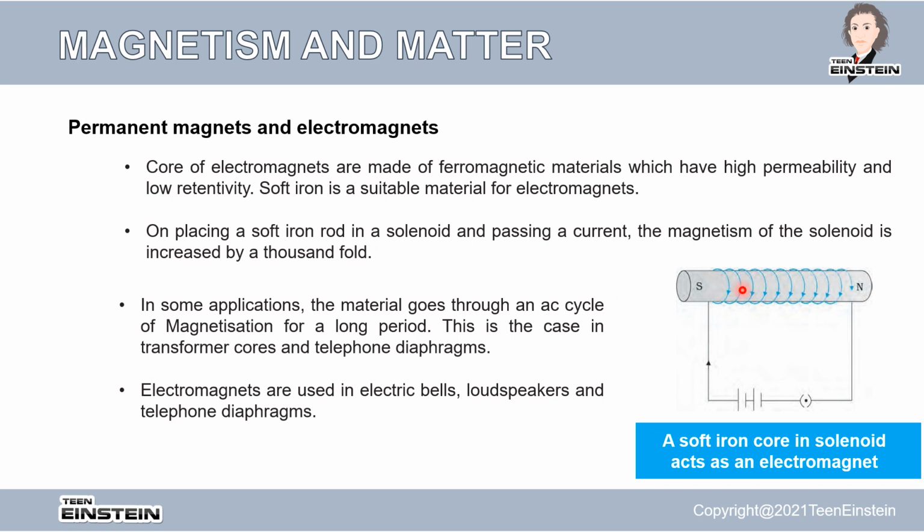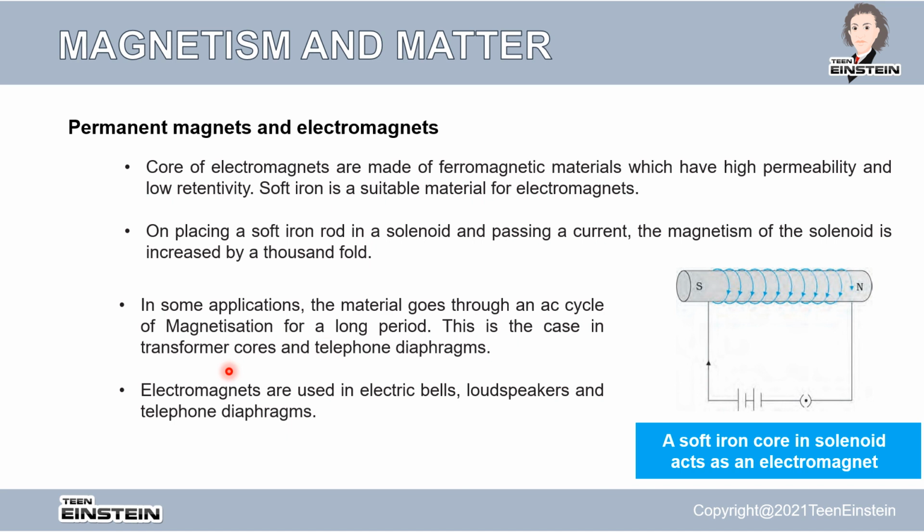So you keep a solenoid, and if you put a ferromagnetic material inside it, the magnetic field is increased by 1,000-fold. We can use this magnetic field for many applications, and this is called an electromagnet. And one beautiful thing here is you can control the magnetic field by controlling the current through the solenoid. This is a flexibility because for many experiments you need to tune the magnetic field to a particular value.